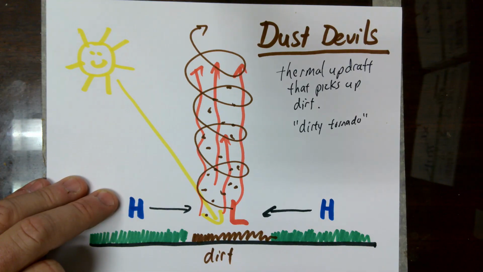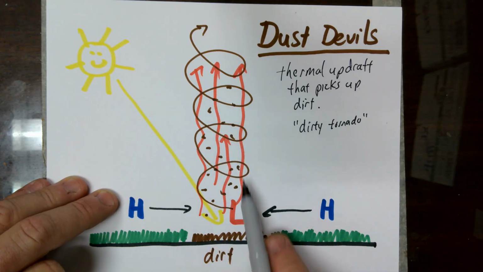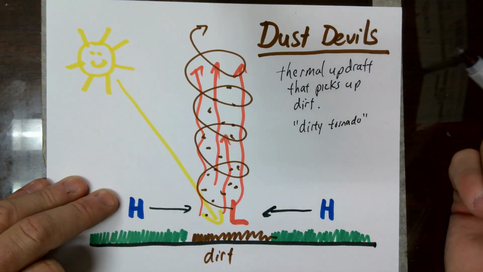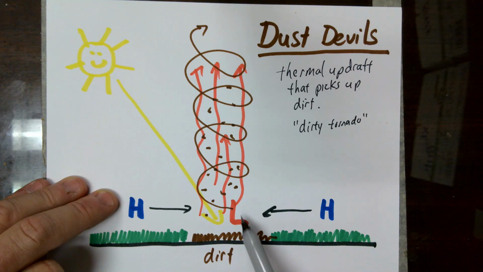Because think about a baseball field. You have a grassy outfield, maybe you have a grass infield, and you got a little dirty part like on the infield. And that part gets extra hot, and that's where the thermal will form and pick up some of that dirt. You have thermals that happen over parking lots, but they don't turn into dust devils because there's no dirt for it to pick up.